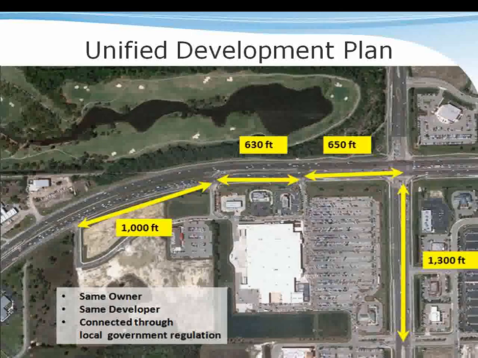And this was done either by having the same owner for this piece of property or the same developer, or these could actually be separate properties, but the local government, through their regulations and site plan review, was able to reach understandings with 3 separate property owners to allow cross-access. Once again, the way we can get good access management is by having a good support and control system on the private side of our right-of-way.